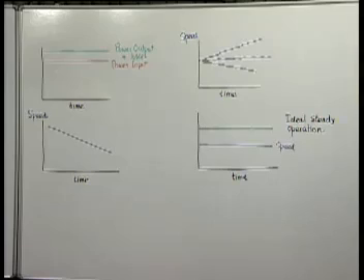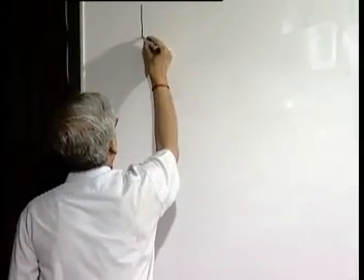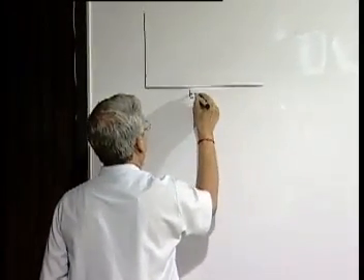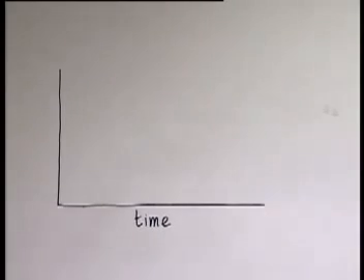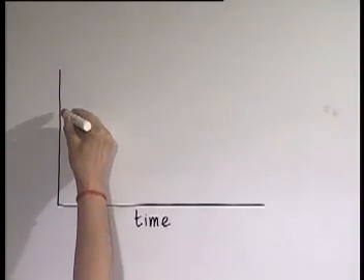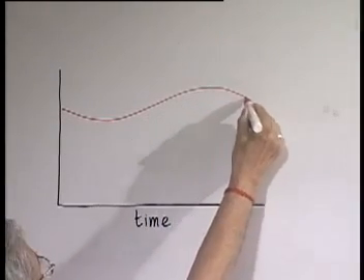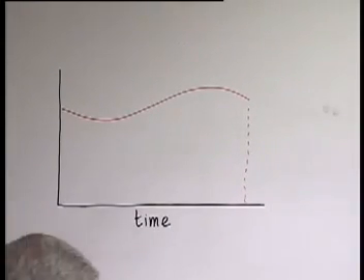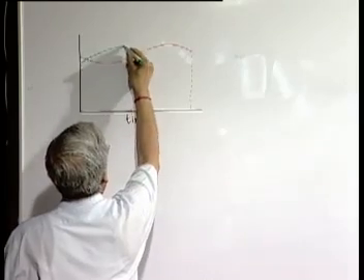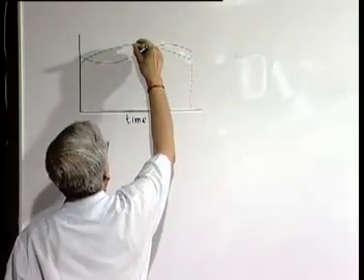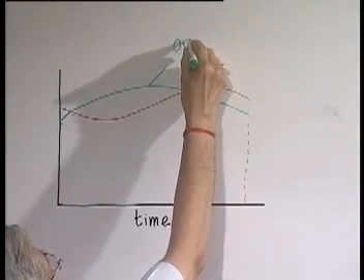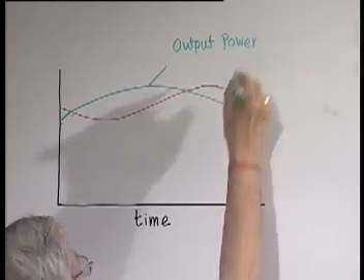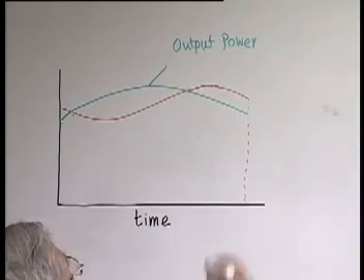Let us take up a case where the situation is like this. With time, the input and output power variations are something like this. This is one complete cycle, and so this is the output power, and this is the input power.